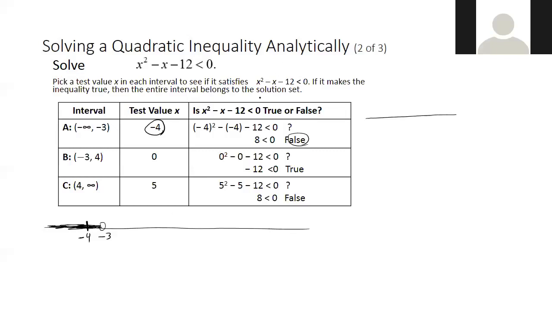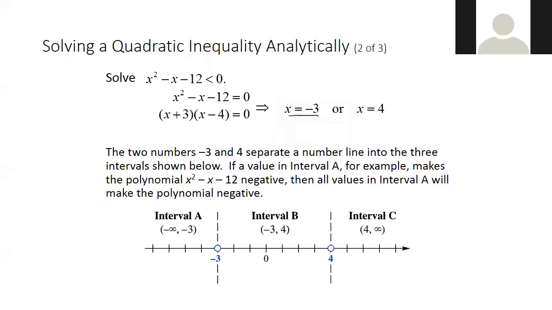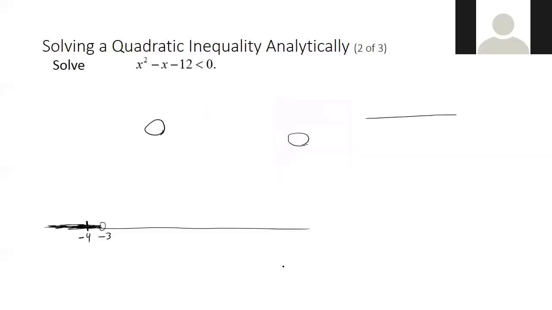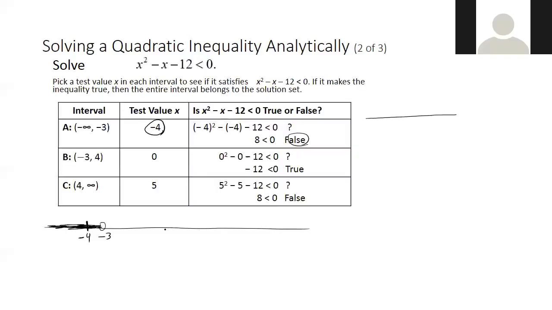If you recall, the next one was 4, right? So let's say this is 4. From -3 to 4, let's pick a number. The easiest number probably would be 0. If I substitute 0 in this inequality, does that make sense? 0 minus 0 minus 12 is less than 0.